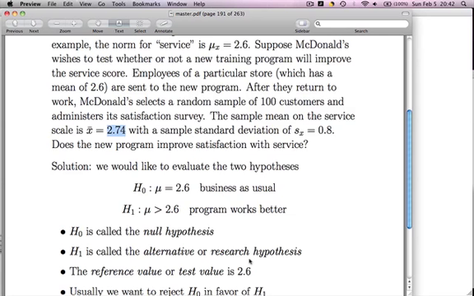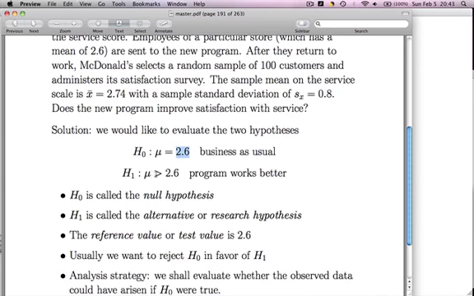Another term you want to know is what this 2.6 is called. It has a number of different names. It's sometimes called the reference value, which is what Siegel calls it. Test value is another term that you might see. Whenever you see that, they mean the number that's sitting in both the null and alternative. By the way, you always put the equal sign in the null, and then you put either a greater than, a less than, or a not equals into the alternative.